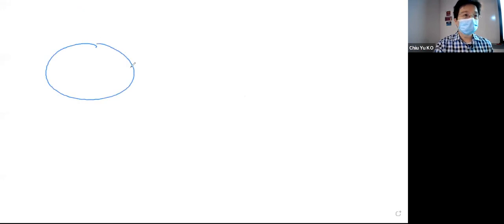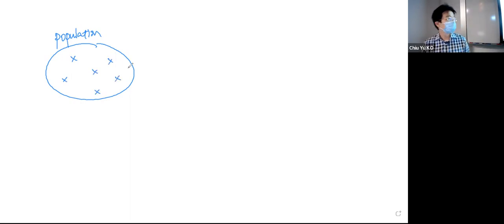I would just resort to the diagram. I think a diagram is very useful just to understand what's going on again. The idea is, with a population, we have something we want to study and we are unable to collect every aspect of it.